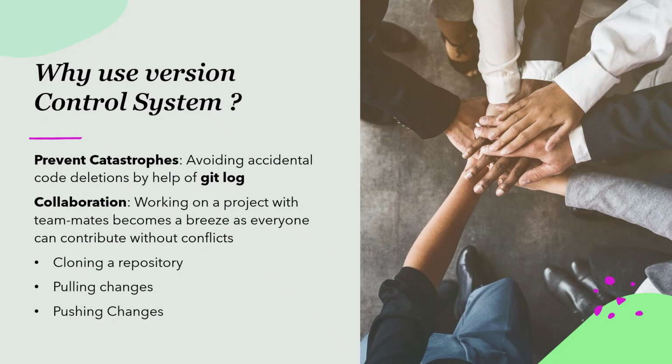And moving along, the key components of the version control systems workflow. We have cloning a repository, pulling changes, and then pushing changes that have been made by a particular contributor of our project.